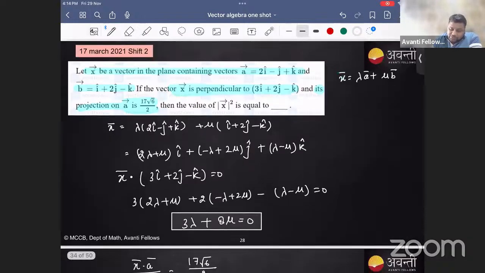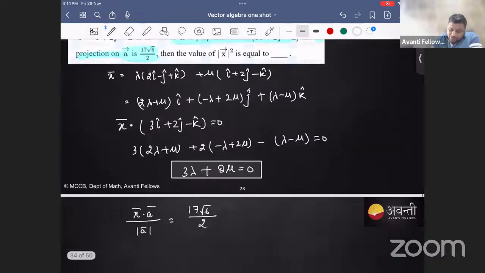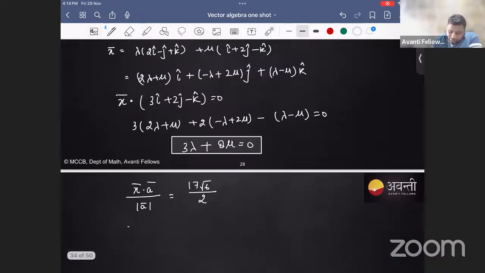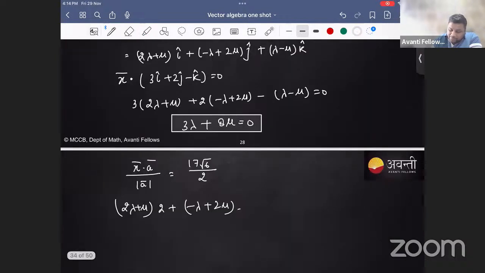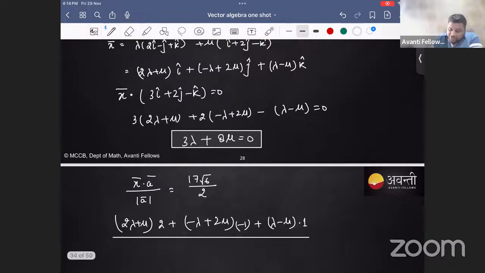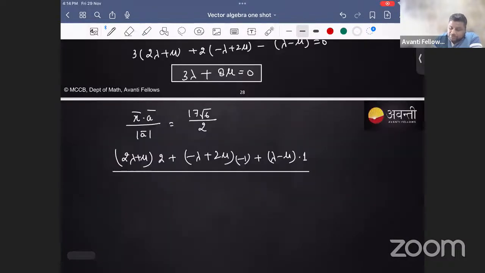X dot a is going to be (2 lambda plus mu) into 2 plus (minus lambda plus 2 mu) into minus 1 plus (lambda minus mu) into 1, upon magnitude of A. Magnitude of A is root 6. So this is going to be 17 root 6 upon 2.